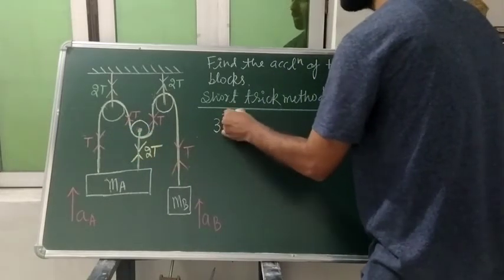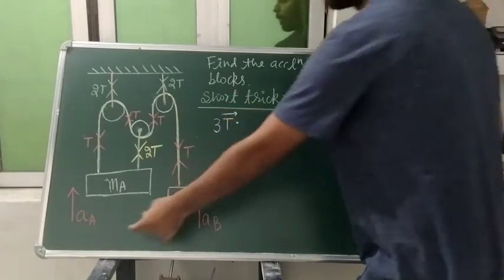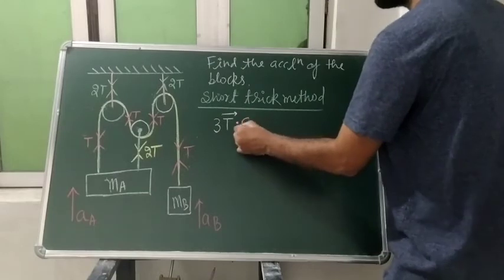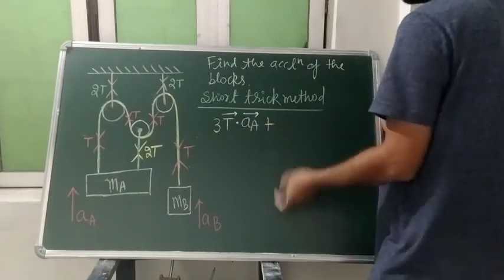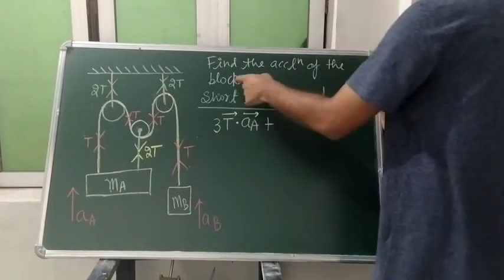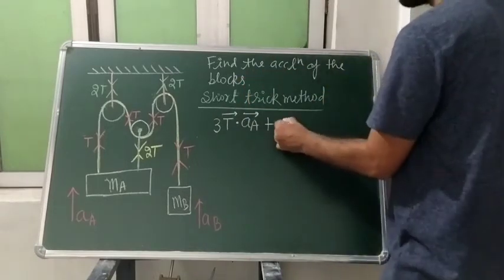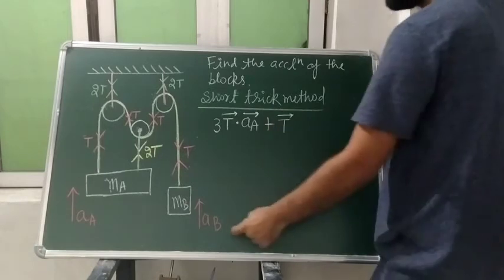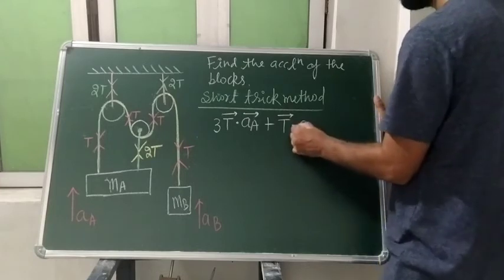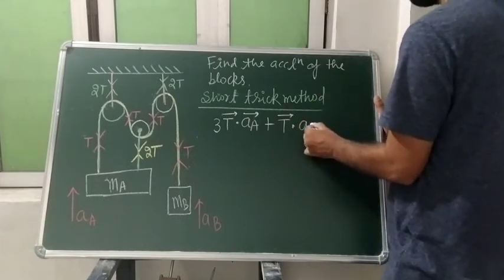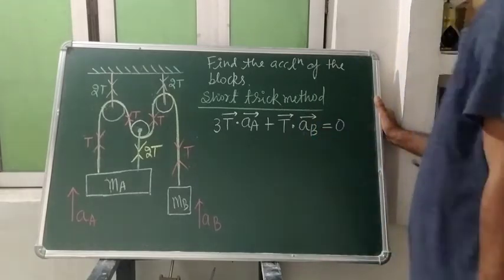So the dot product of this 3T vector and this acceleration vector, plus, for this block we want to know the acceleration of the blocks only. For this block, tension is T, and the dot product of tension vector T and the acceleration vector should be equal to what, students? 0.